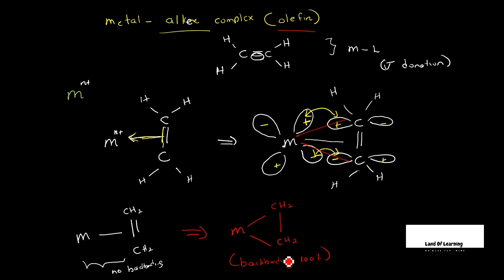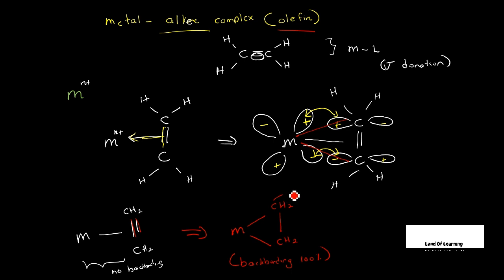So you need to have a good idea about this. Now the most common question is about this bond length. In this case there is no back bonding, and in this case there is back bonding. When there is no back bonding between the metal center and our alkene, you can see there is a double bond character between the two carbons. But when the back bonding is at maximum, there will be no double bond character between the two carbons, just single bond character.